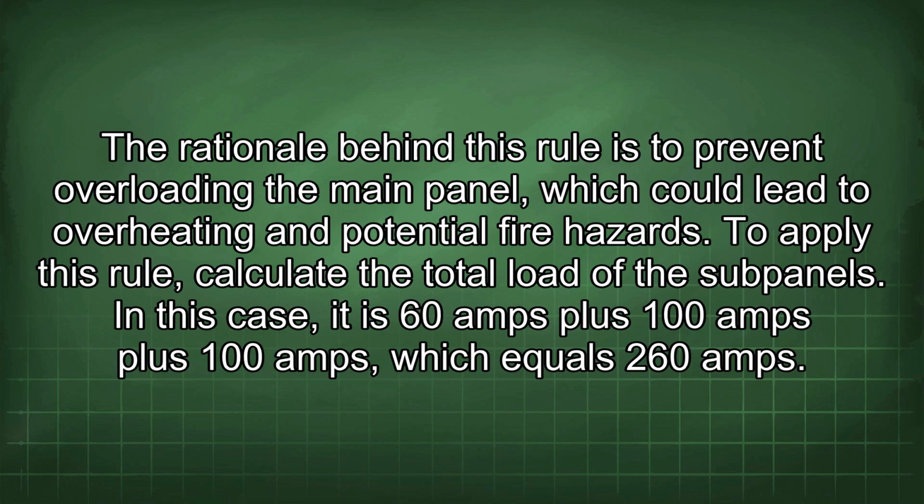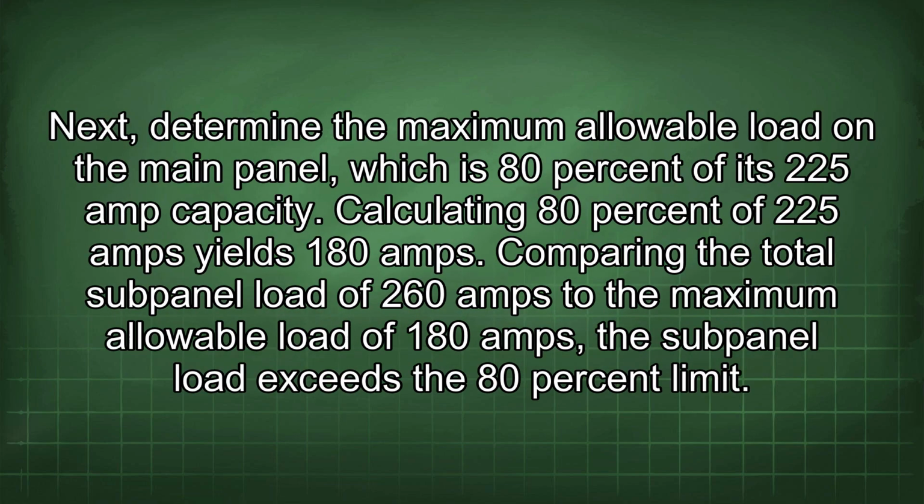In this case, it is 60 amps plus 100 amps plus 100 amps, which equals 260 amps. Next, determine the maximum allowable load in the main panel, which is 80% of its 225 amp capacity. Calculating 80% of 225 amps yields 180 amps.